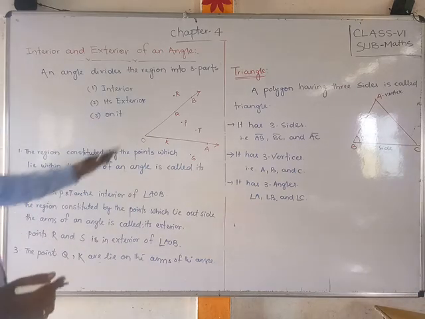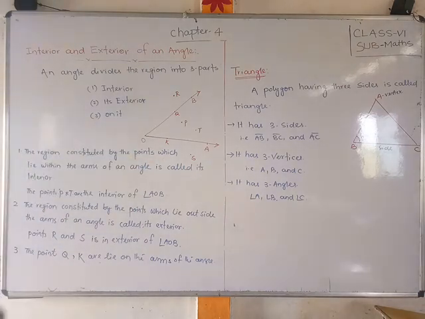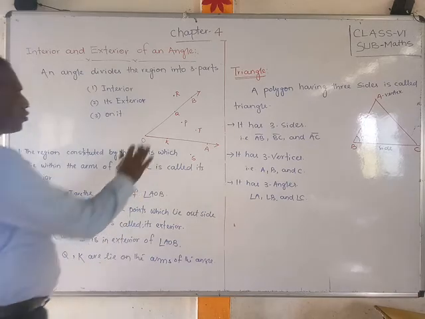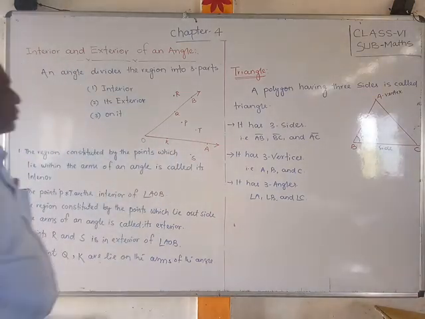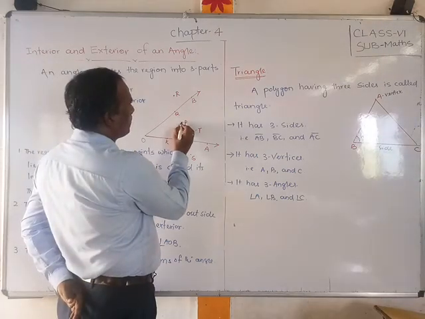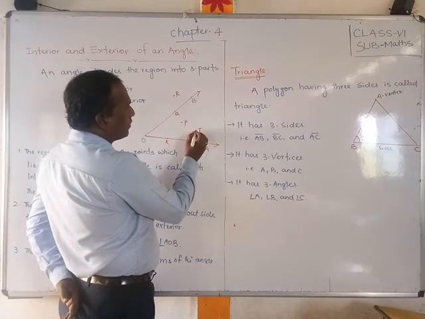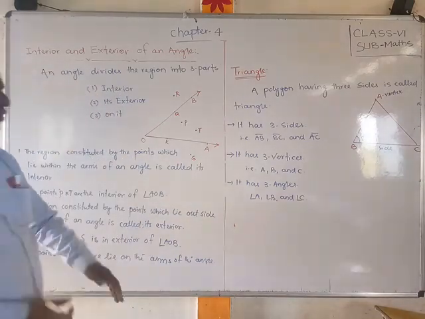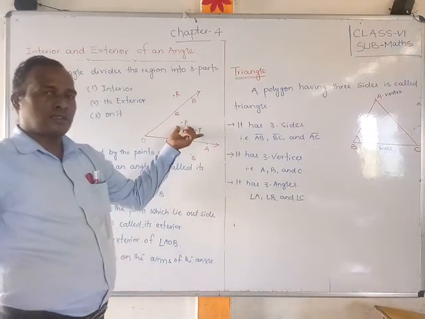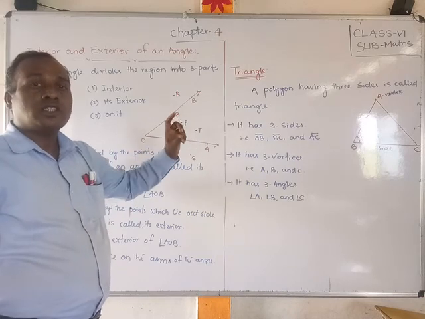In this diagram, students, I have written many points, and you should identify which is interior and which is exterior. Suppose I have written one point P and another point T. Are these points interior or exterior?